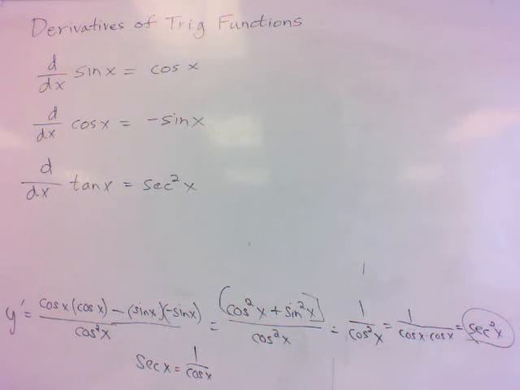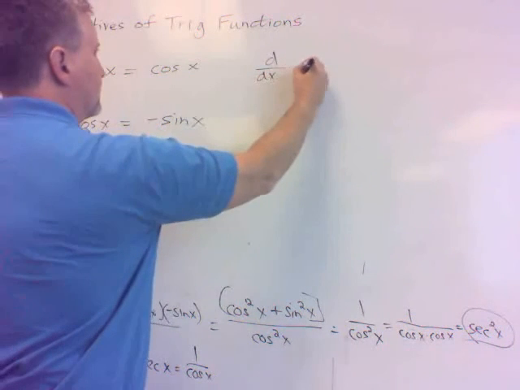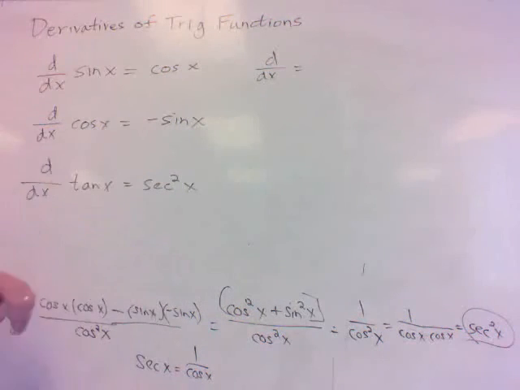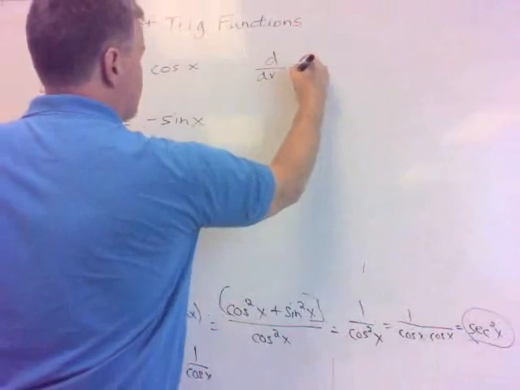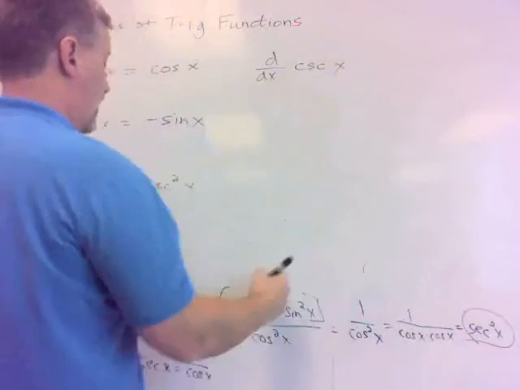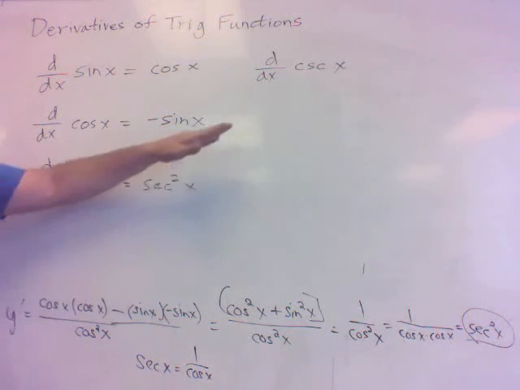Like I said, similarly, we could go through the others. For the d/dx of cosecant, we could do a very similar thing. Cosecant is 1 over sine. We could prove what we get when we take the derivative of 1 over sine of x.